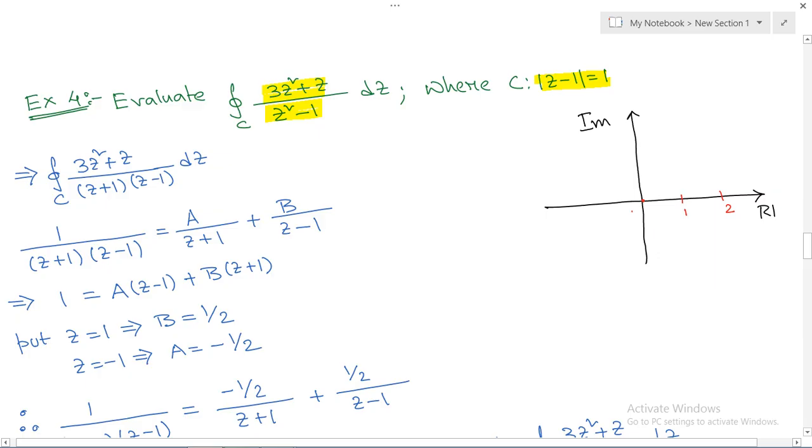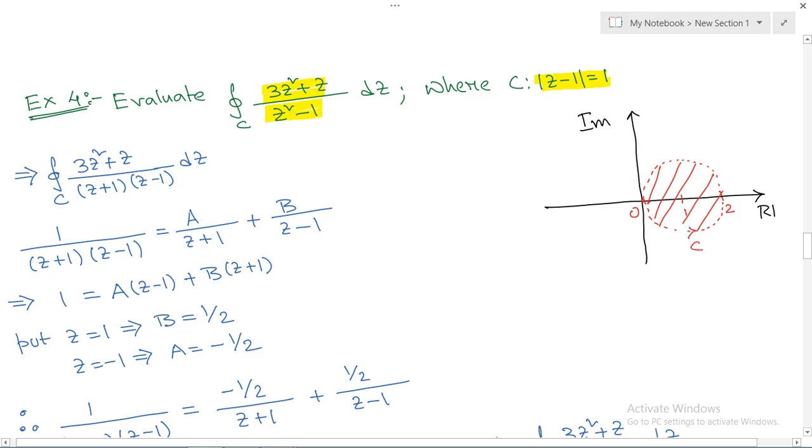So this will be the portion of the circle. Because the center and the radius are changing now, that's why we have this type of diagram. So this is the actual curve over which we have to perform this integration. This is the curve C.